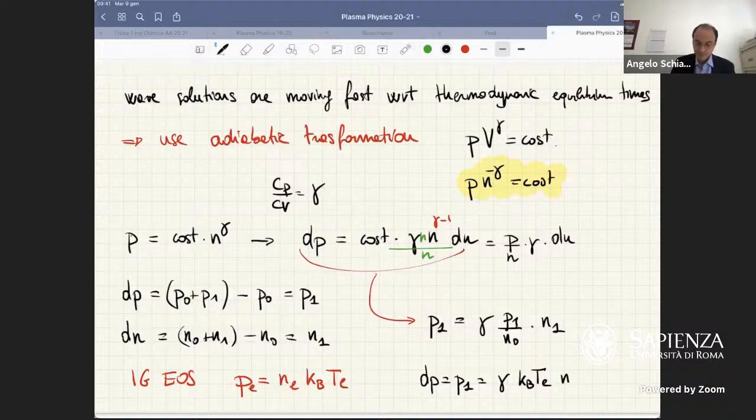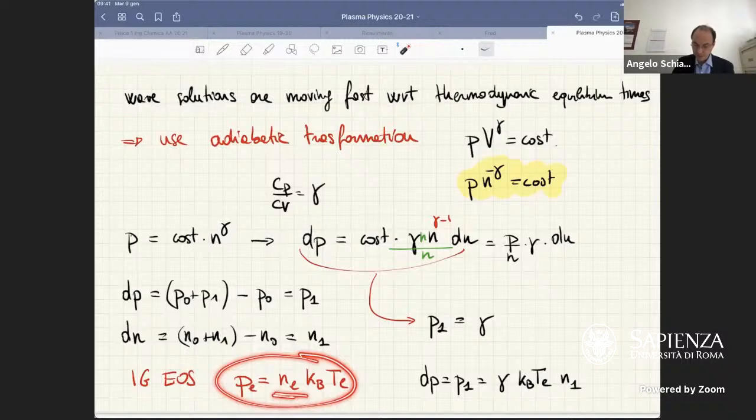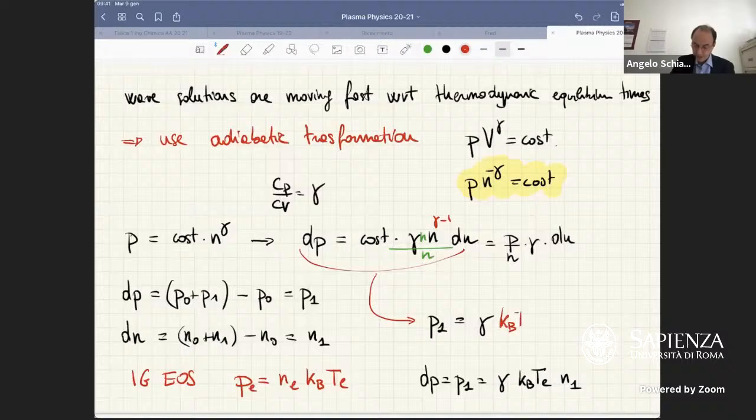Actually, you see that if we divide the pressure by the electron density, this term here is just kBT n1.